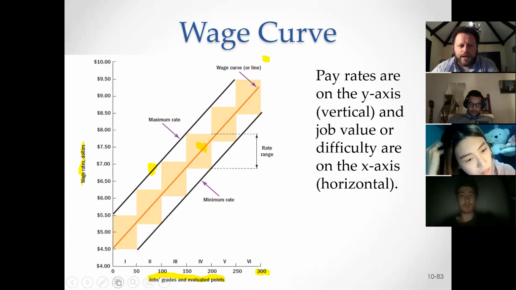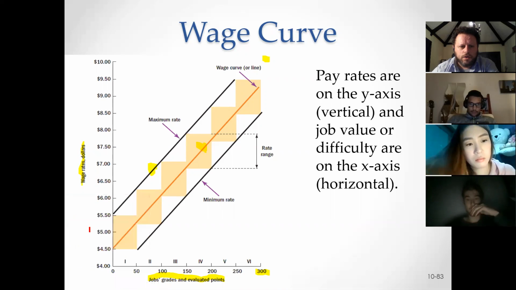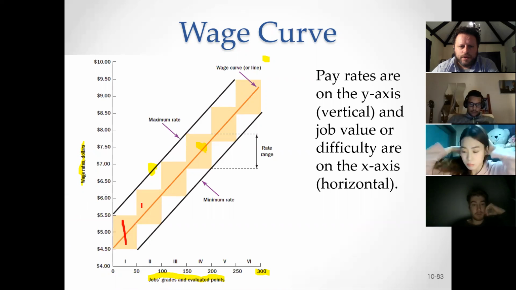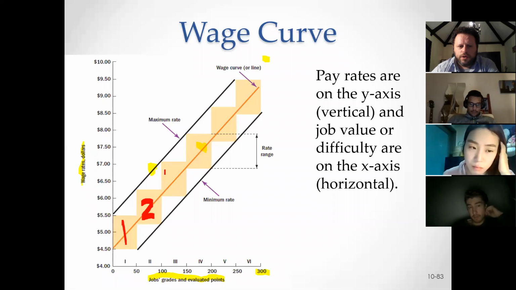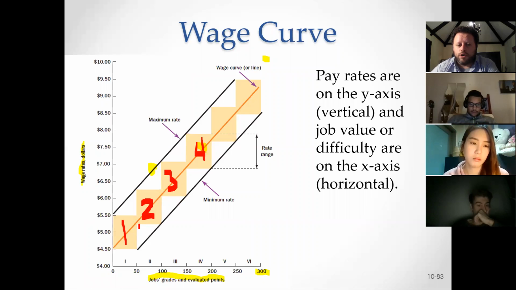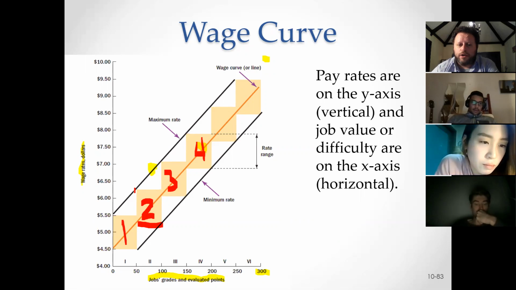Here's grade 1, here's grade 2, here's grade 3, grade 4, 5 and 6. If you're in grade 2, you might start this job at around, let's say, 525, and you stay in grade 2 until you're earning 625.